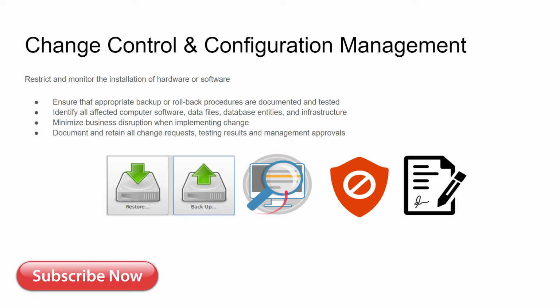Make sure you restrict and monitor the installation of hardware and software, and make sure you have documents for all the change requests. So if somebody wants to install software, first make sure you have management approval for that, and only then can you install that software.